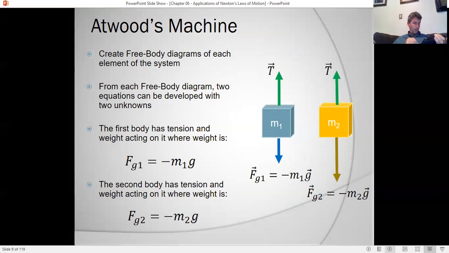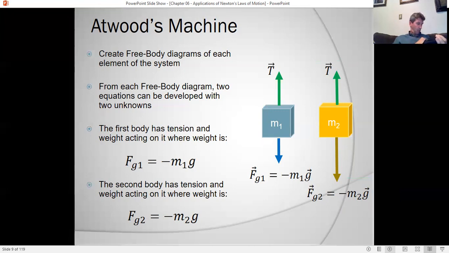Same thing for mass 2. Mass 2 has the same tension as mass 1, so I won't call them T1 or T2. I'll just call it T. Okay? And there's the weight. Again, tension's up, weight is down. All right, so I did my free body diagram.